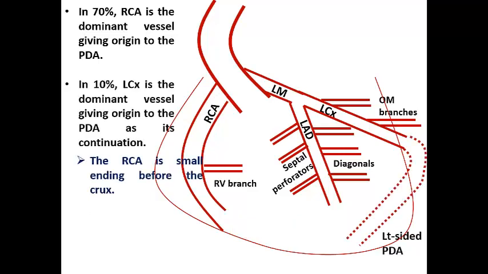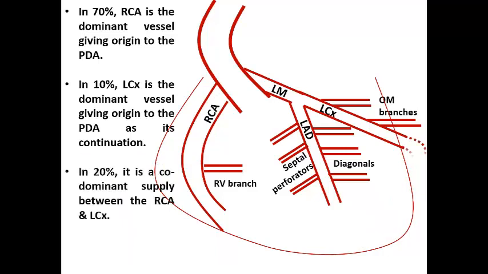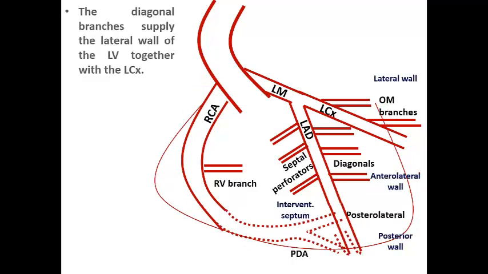In 10%, the LCX is the dominant vessel giving origin to a left-sided PDA as its continuation, and in this case the RCA is small, ending before the crux, so the LCX can supply the lateral wall, posterior wall, and inferior wall of the heart. And in 20% there is co-dominant supply between the RCA and LCX with right-sided and left-sided PDA, so they share in the perfusion of the inferior wall, lateral wall, and posterior wall.